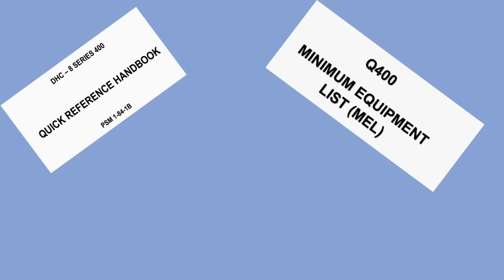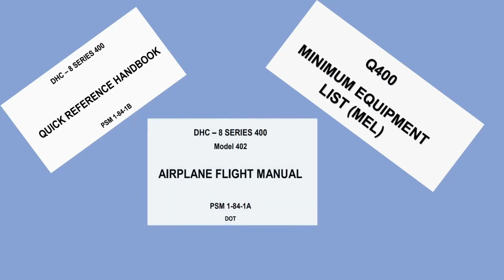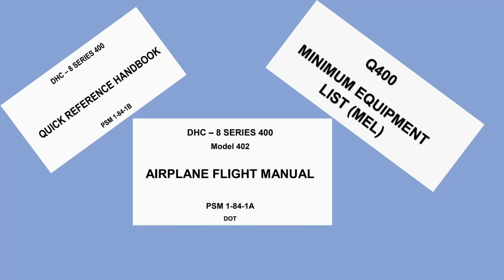The next thing you will have is the airplane flight manual, the AFM. There are many sections in it, but for the decision-making process we are talking about here, we normally consult the supplements, which are written documents within the AFM for certain malfunctions and certain flight operations that you are permitted to do, but within limitations.